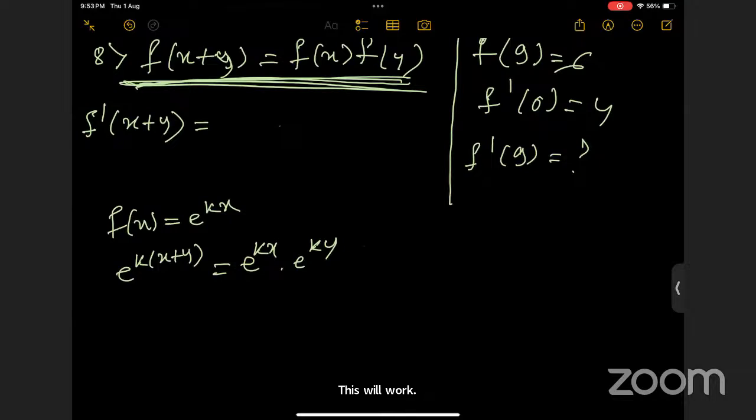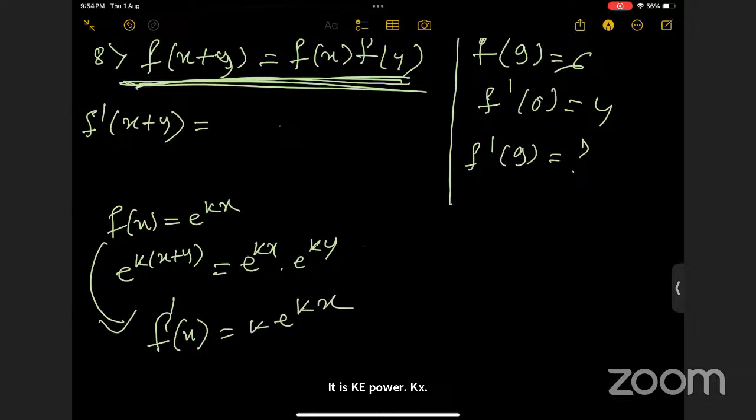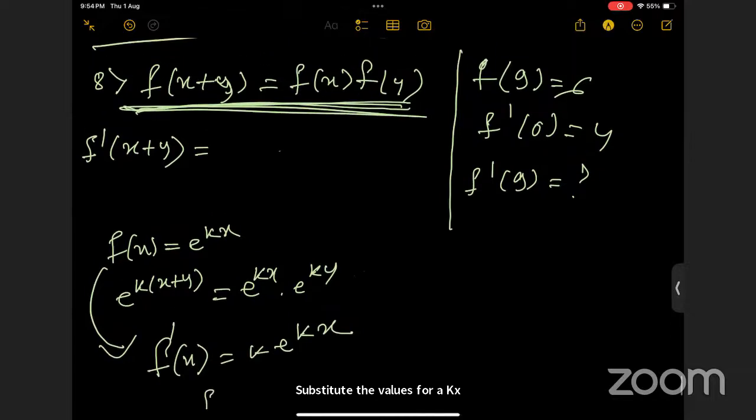So now we know f of x is equal to e power kx. Now differentiate, it is k e power kx. Now substitute the values for k, x equal to 0 and 1, and you find a contradiction.